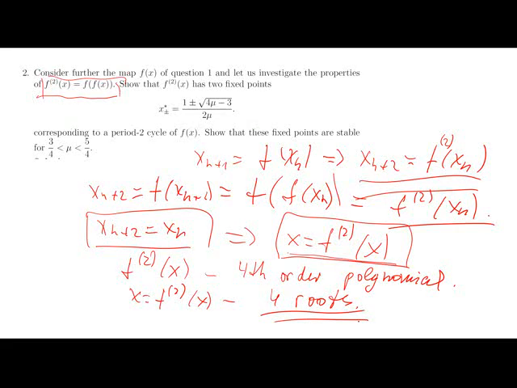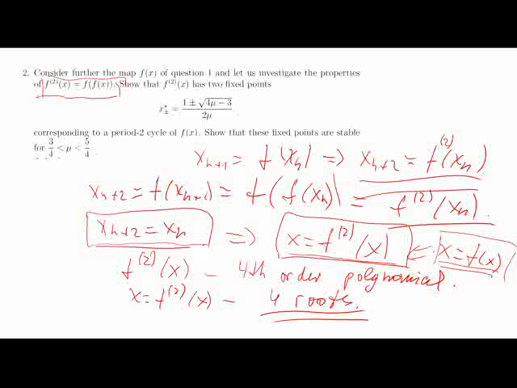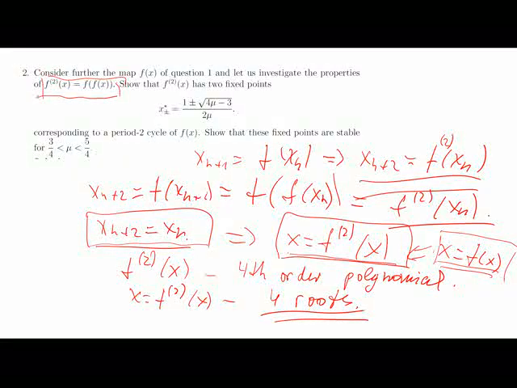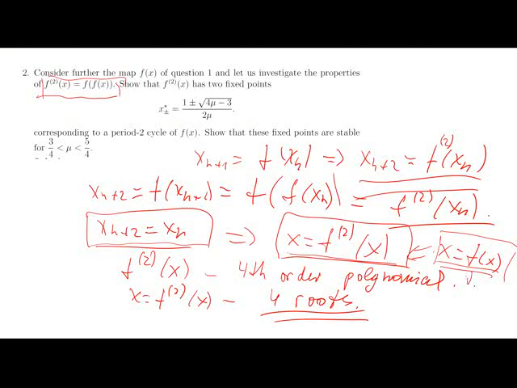But the peculiarity here is that roots of x equal to f of x are also roots of x equals f2 of x, because fixed points of this map also satisfy this condition. If xn+1 equals xn, then xn+2 equals xn+1, and therefore xn+2 also equals xn. Therefore, two roots of this are also roots of this.